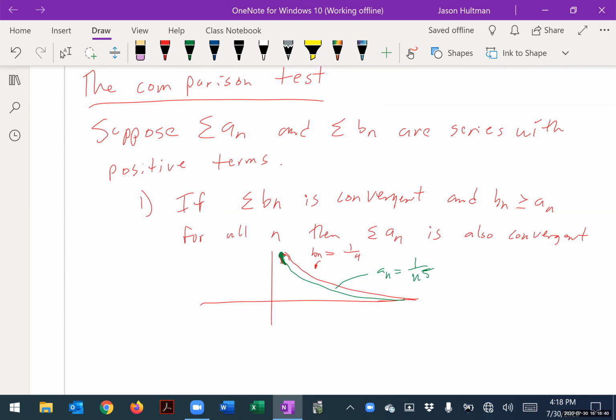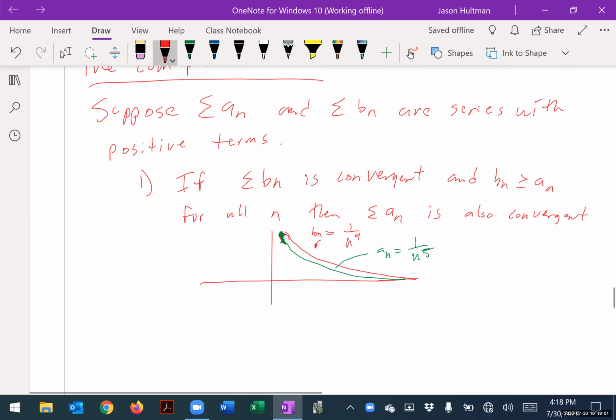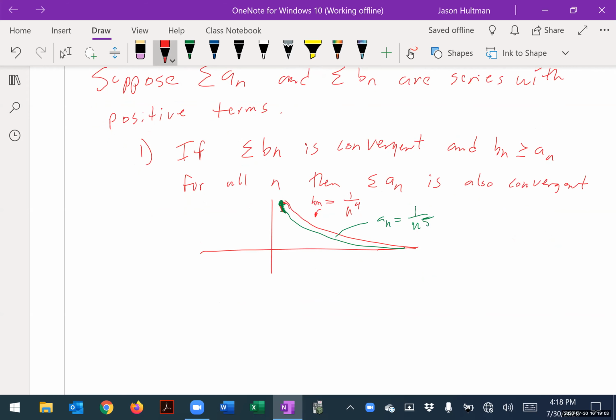So what we're saying is, if B sub n is always bigger and it converges, then anything smaller than that is also going to converge. It's kind of sandwiched between the two. So A sub n also converges. If B sub n converges, A sub n converges.